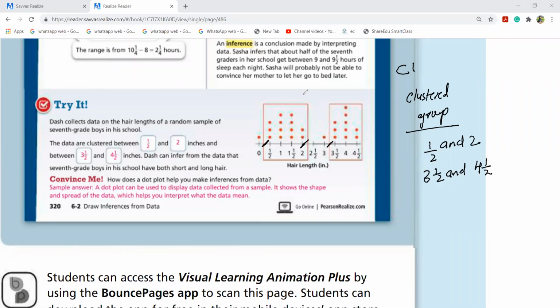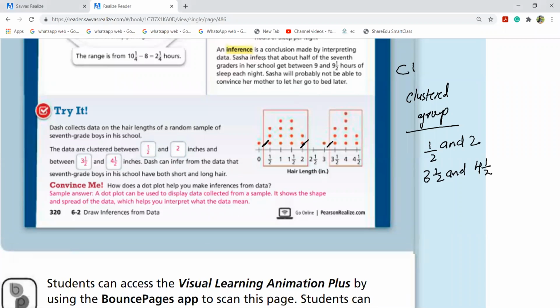See, Zishan, they are saying, look at the data. Look at this graph they have made. And they are saying there are clusters. Clusters means there are groups. They make those groups into that box. Did you see the box? Yes. This is one box, and the other box is here. So they're asking you, the first box, the small hair, is between what and what number?